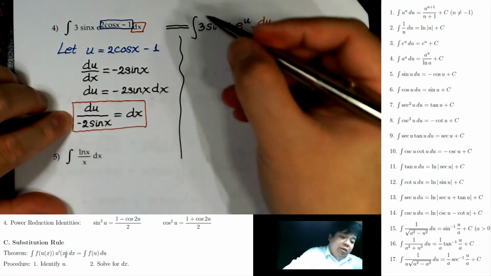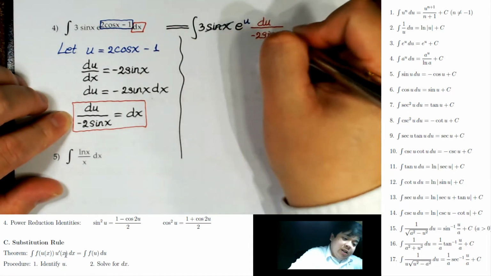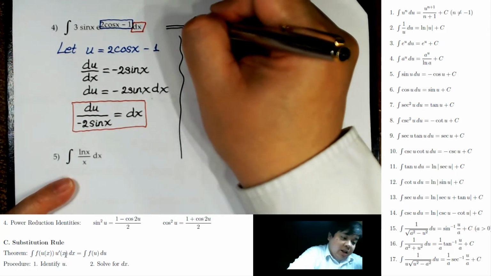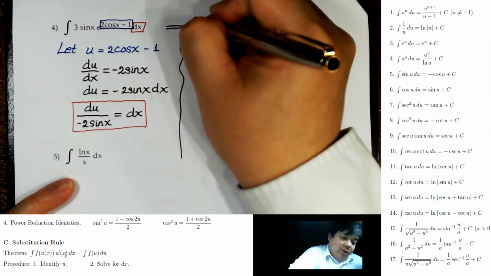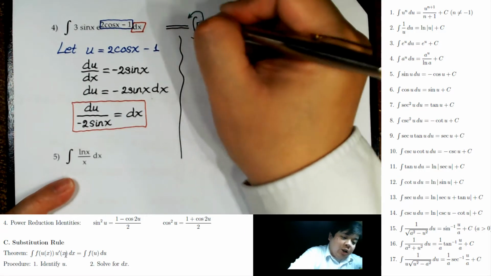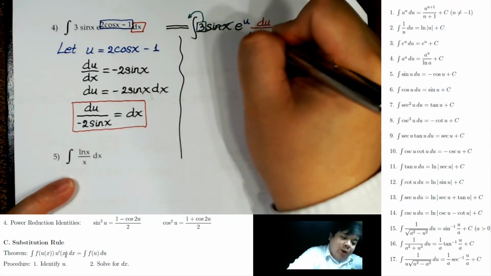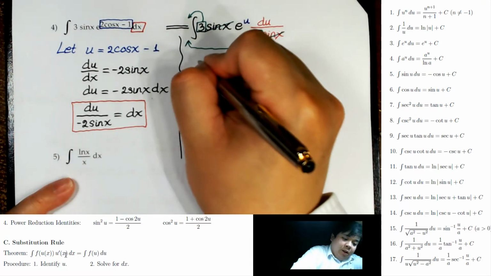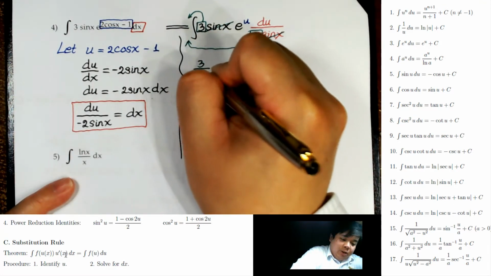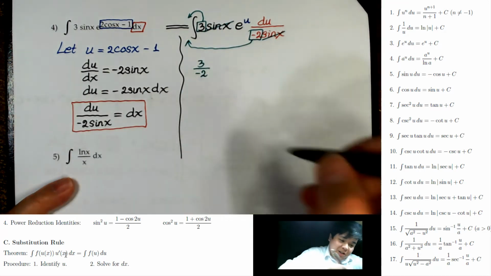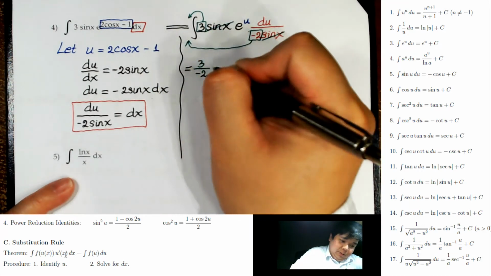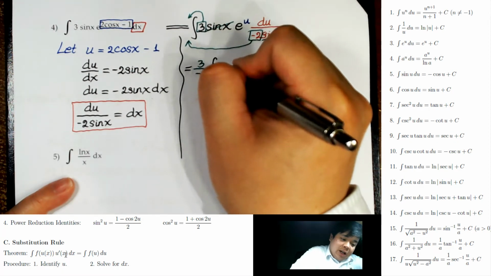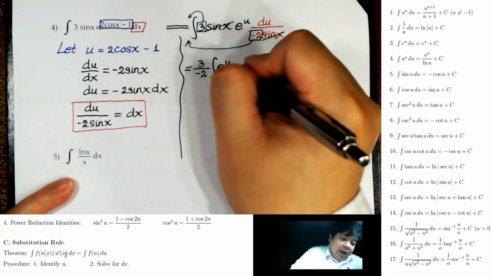Right. If everything works out perfectly, we have no more x. So the sine x do cancel out. Take the 3 outside, the 3 on the top. The negative 2 is a constant that stays at the bottom. So 3 over negative 2. Pretty much everything cancels out except for e to the u and du.